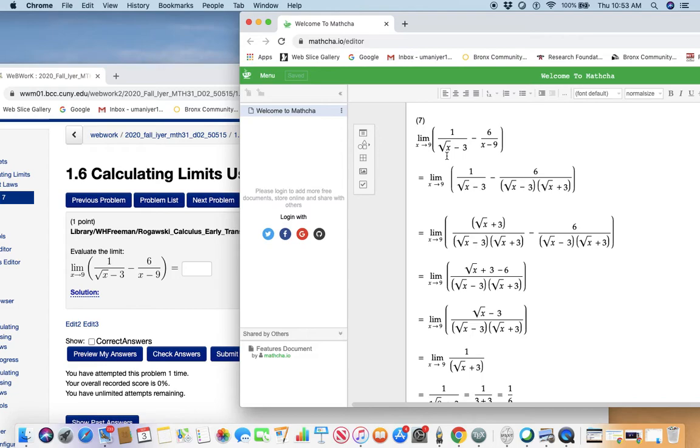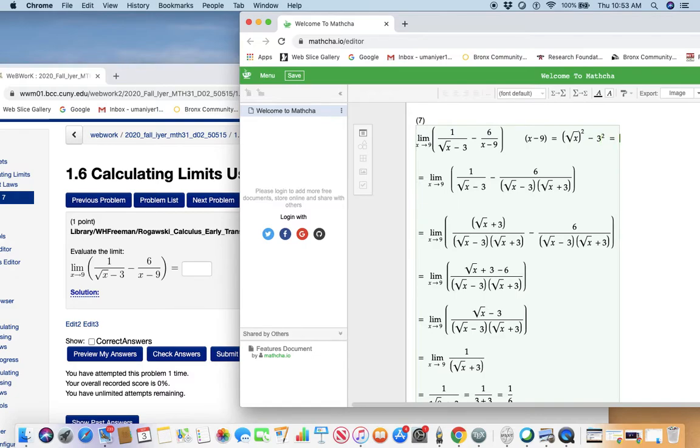If I'm allowed square root of x, notice what x minus 9 is: by difference of squares, you can think of it as square root of x squared minus 3 squared.